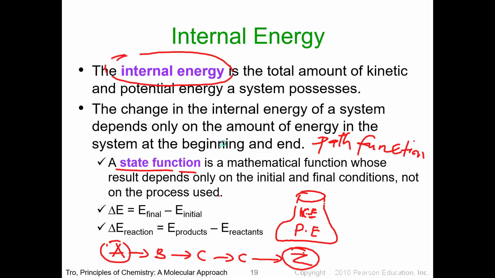A state function depends only on the initial and the final states, but the path function depends on what happened in between, like, for example, between A and finally Z. So a path function is concerned with what happened in between A and Z, but a state function is only about A to Z.